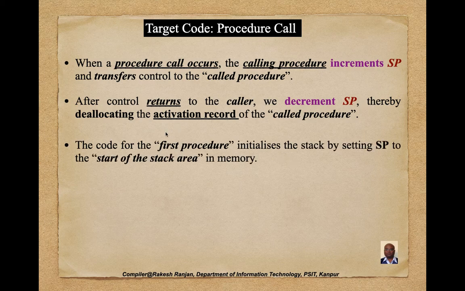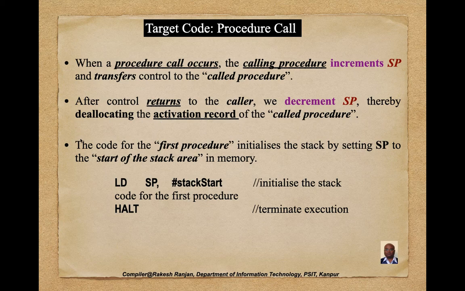The code for the first procedure initializes the stack by setting the stack pointer to the start of the stack area. LD SP, #stackStart, so we initialize the stack here, then the code for the first procedure, and then halt.